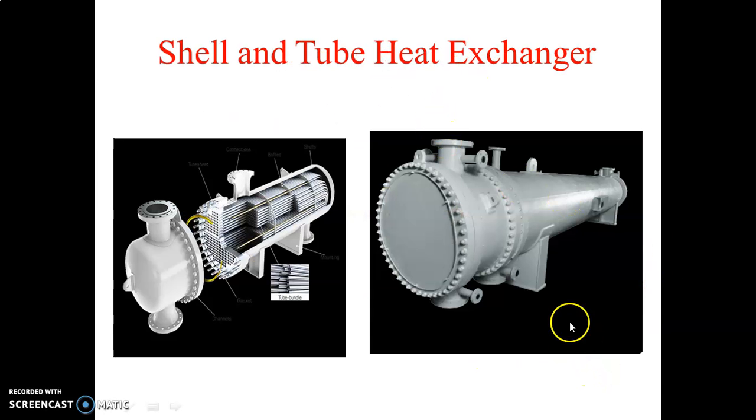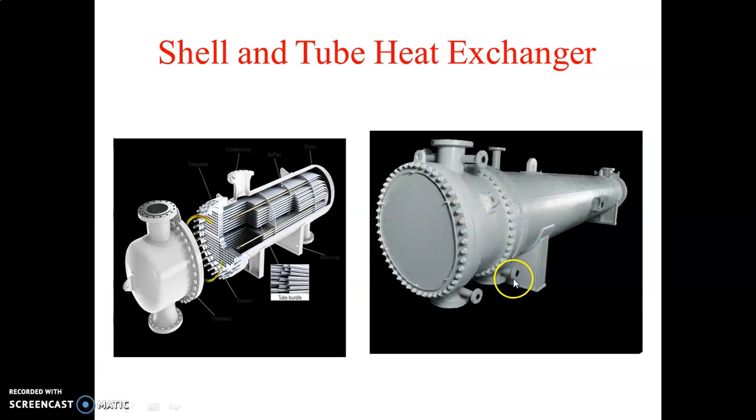So here I will show different photos of the shell and tube heat exchangers. So now the different parts of the heat exchanger are over. You just have to look at how this heat exchanger looks from the inside and outside. So these are the tubes, these are the baffles, these are the tie rods, these are the nozzles. From outside it looks like this, and this part is called a channel.